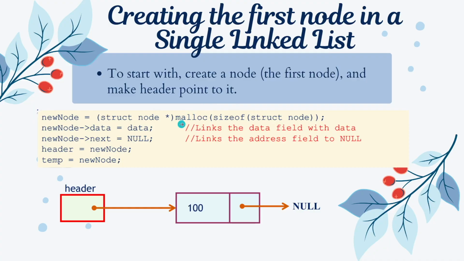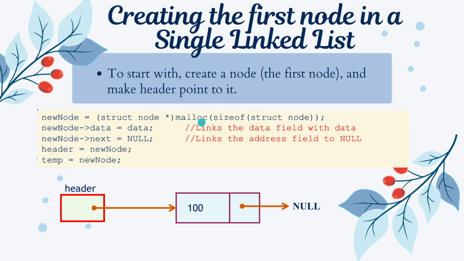Now, we learn how to create one node in a single linked list. In order to create one node in a linked list, first of all we have to reserve memory for this node. As I said before, linked list falls under the category of dynamic data structure. So, we have to request memory for one node at runtime with the help of the malloc function. So, malloc of size of struct node.